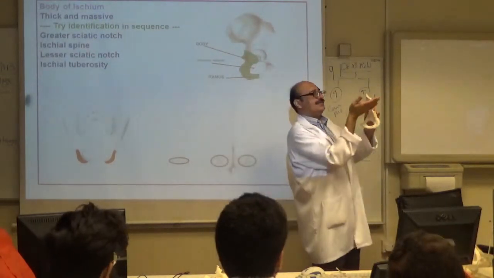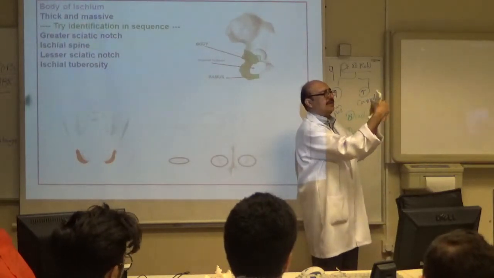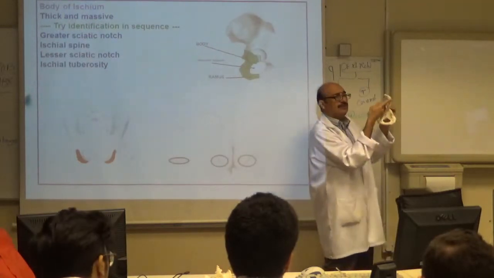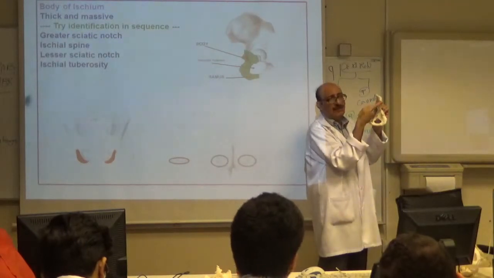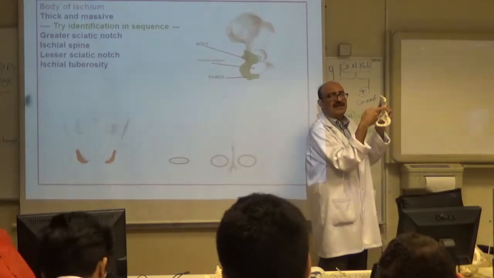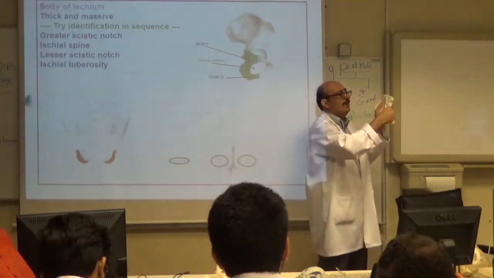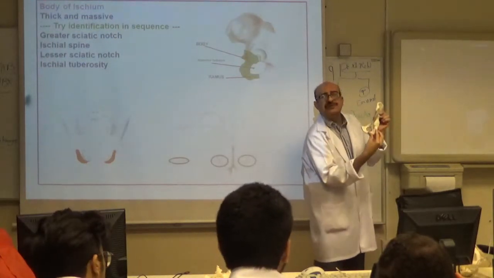So what are the structures here in sequence? On the posterior border, from top to toe, you will find the posterior superior iliac spine, then a small depression with no name, then the posterior inferior iliac spine, then the greater sciatic notch, ischial spine, lesser sciatic notch, ischial tuberosity.